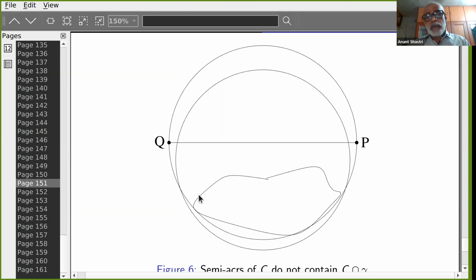That means this upper semicircle S does not intersect gamma at all, so this distance will be positive. So I just move it slightly below to get another circle. This circle is smaller now and it will contain gamma.